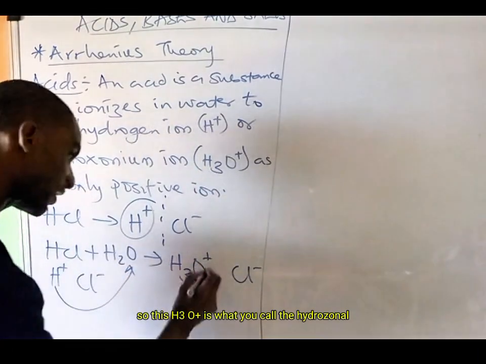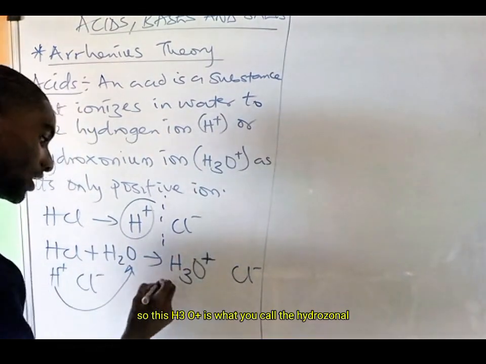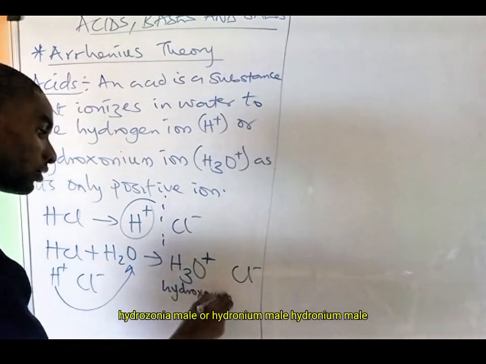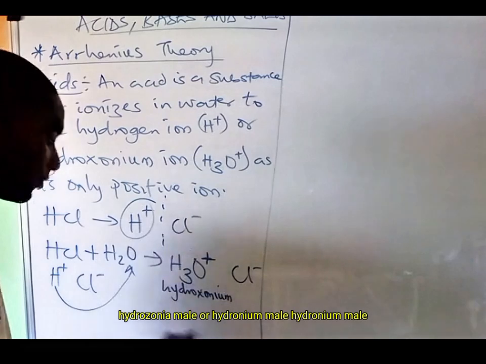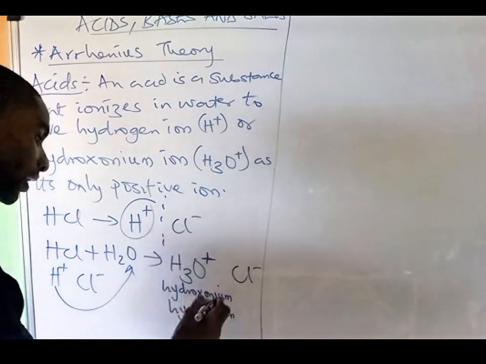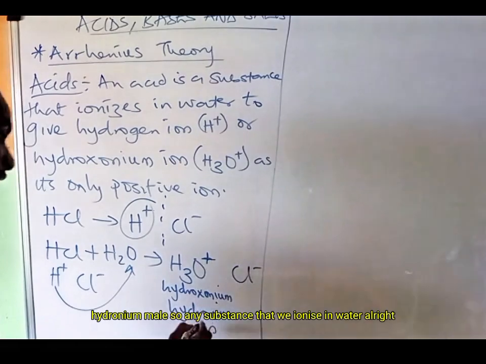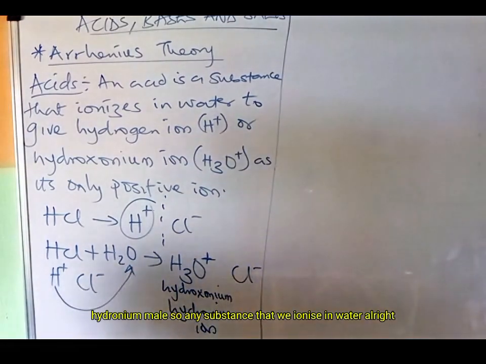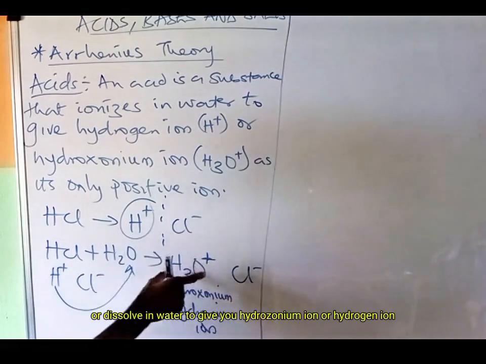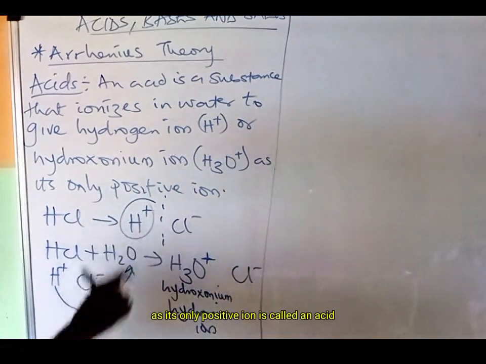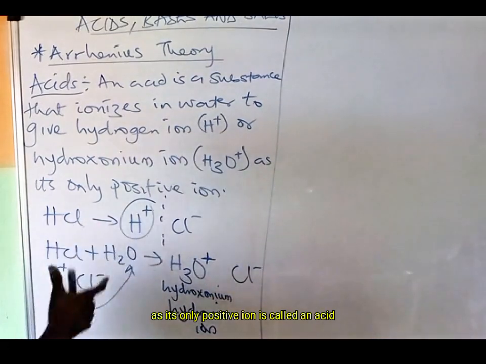So this H3O+ is what you call the hydronium ion. Any substance that ionizes in water, or dissolves in water to give hydronium ion or hydrogen ion as its only positive ion is called an acid.